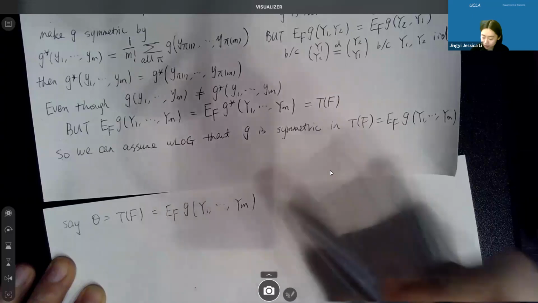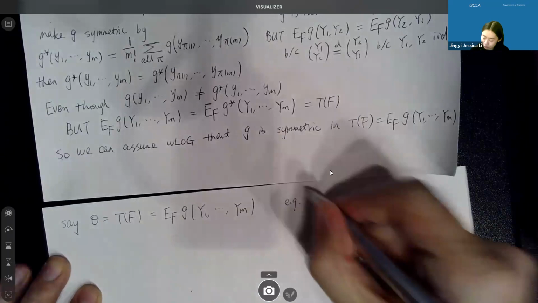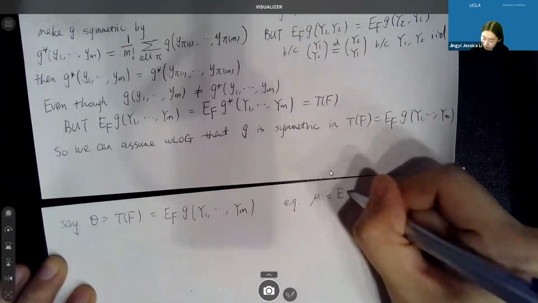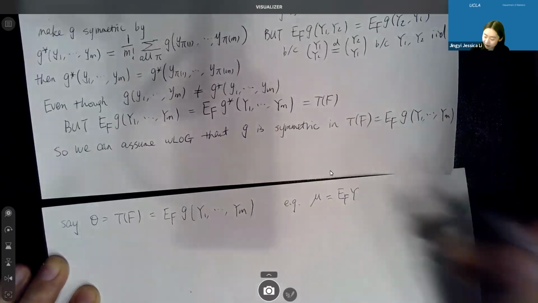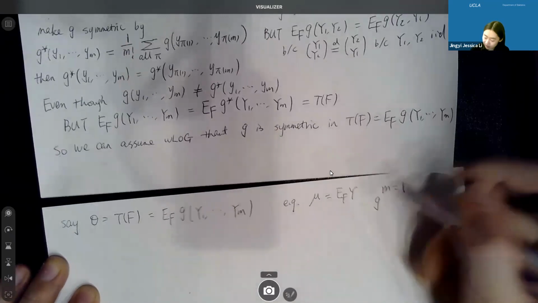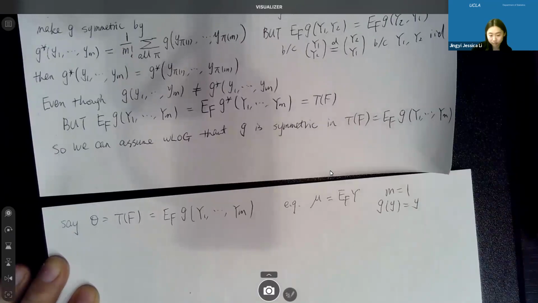So for example, what is the mean? If we have mu, then we can just write it as the expectation of Y under F. So in this case, m equals 1 and g of y is just y. It's just the identity function. That's the special case.